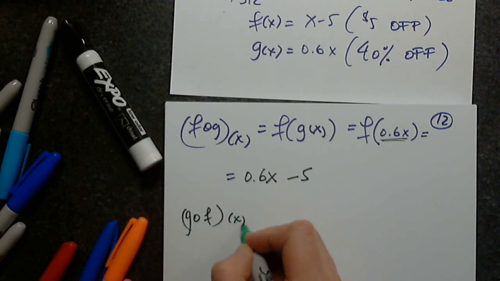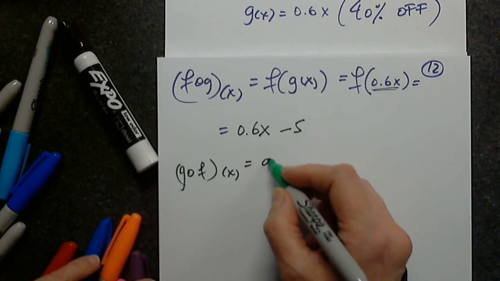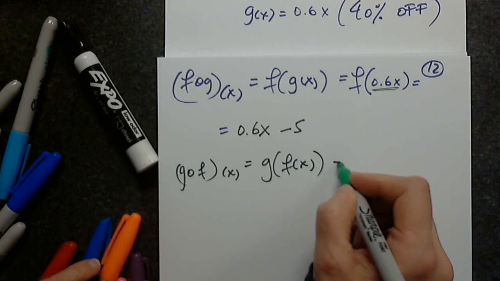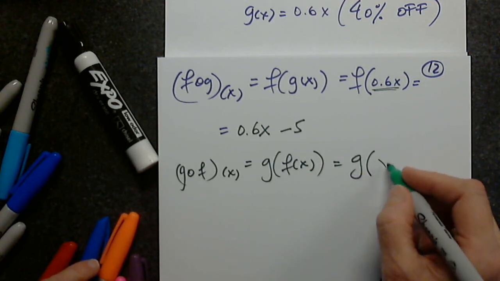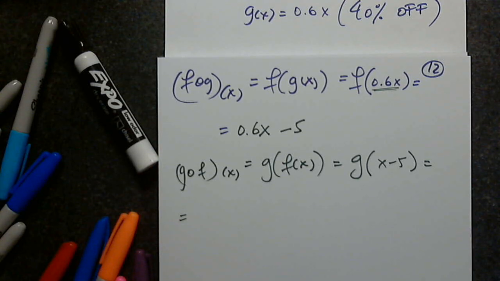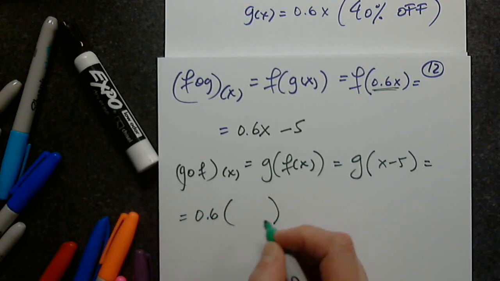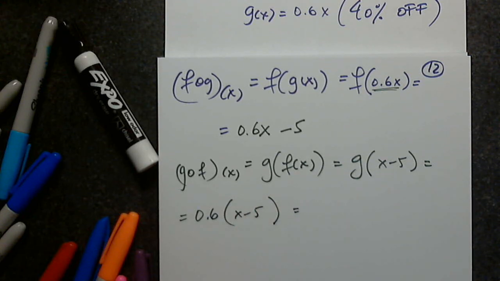This is a perfect example of what we're trying to do here. This is by definition g of f of x. I have g and f is x minus 5. And now let's look at g, which is 0.6x, 0.6 blah. And now this is exactly what you're trying to tell me. This is 0.6 times x minus 5.